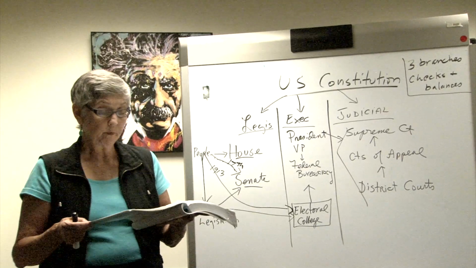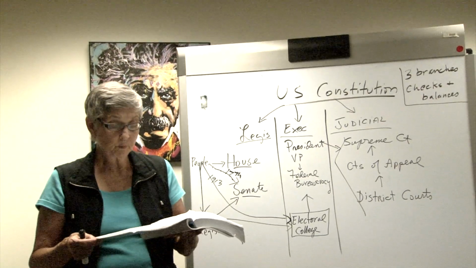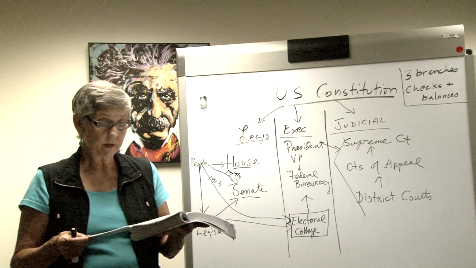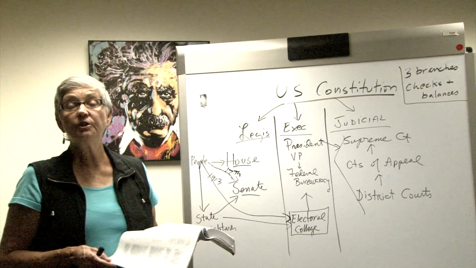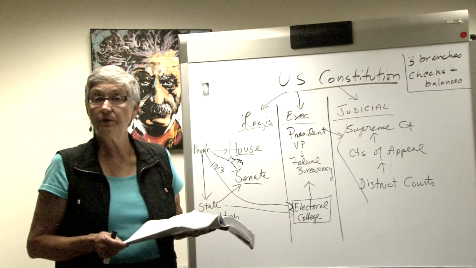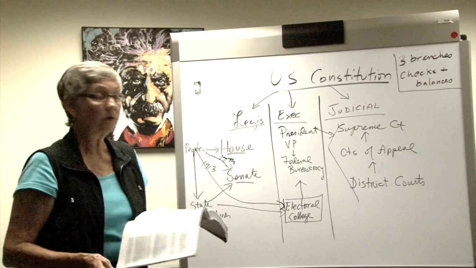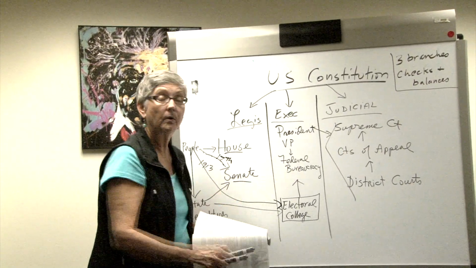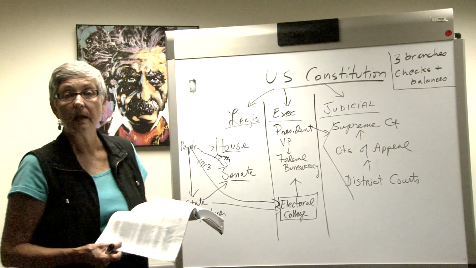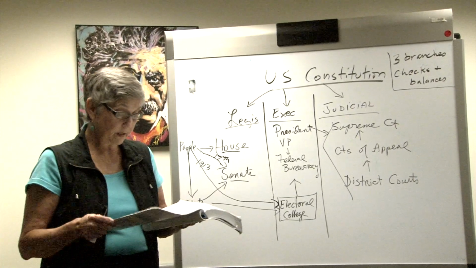The president can require the opinion in writing of the principal officer in each of the executive departments. So the president is chief foreign policy maker and also chief administrator of this huge federal bureaucracy, and there are over 2 million civilian employees of the federal bureaucracy, and also the military, millions of the military as well.